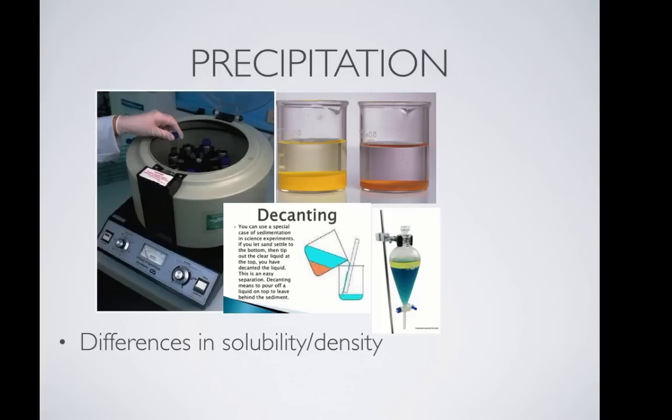The one on the right, on the top, is a precipitation that has taken place, but in this case, the density is such that it did not need to be spun. It has separated on its own, and then you can decant. You can pour out the liquid, and the solid is left behind. The same principle is used for the bottom.